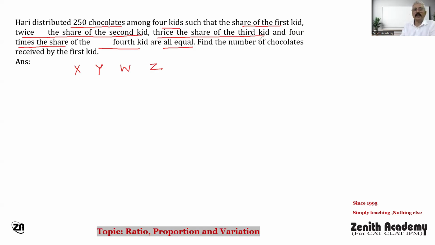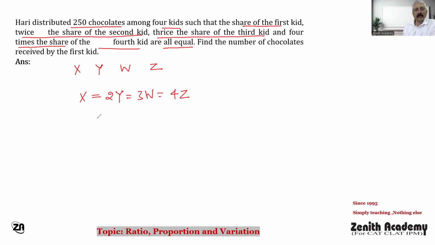Okay. So now the condition is that the share of the first, twice the second, thrice the third and four times the fourth are all equal.